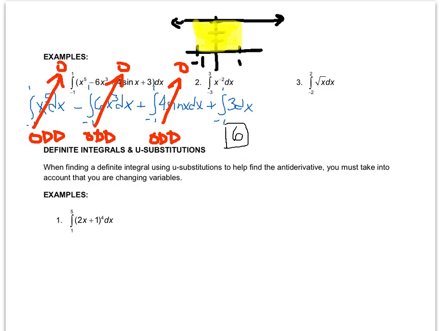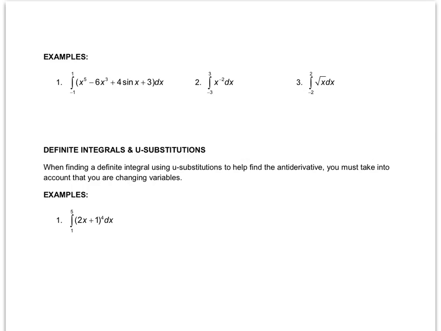Take a look at problem number 2, and I'm going to go ahead and erase some of what I wrote. So if you didn't finish copying, go ahead and hit pause right now. There we go, that's better. Now, x to the -2 is 1 over x squared.